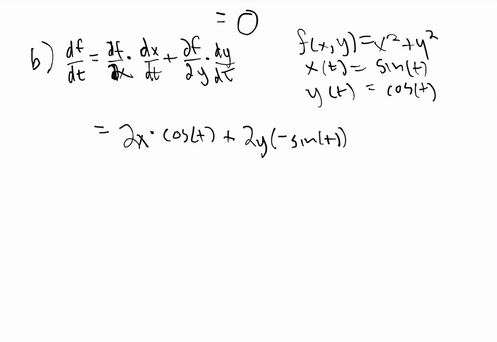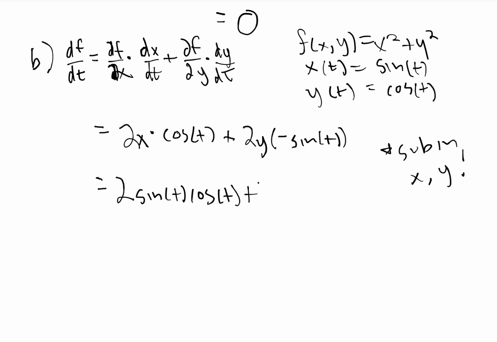Now I mentioned before, don't forget to substitute in your x and y to get a final result. If I go ahead and do that, 2 times my x is going to be 2 times sine, and over here, 2 times y is really going to be 2 times my cosine.